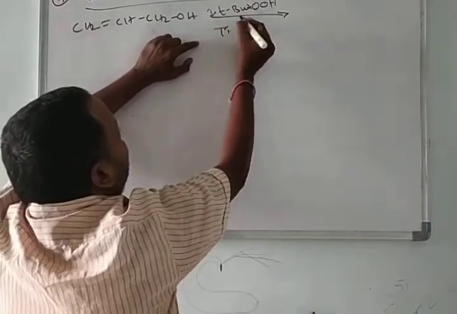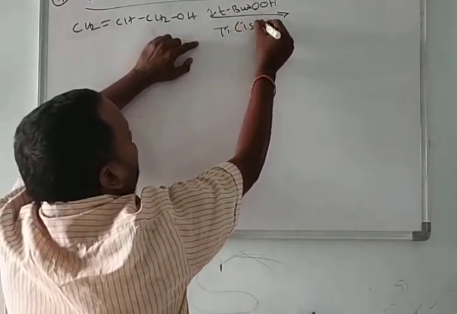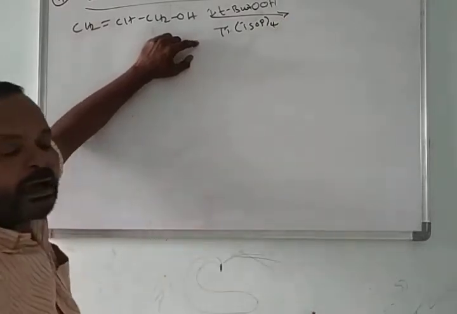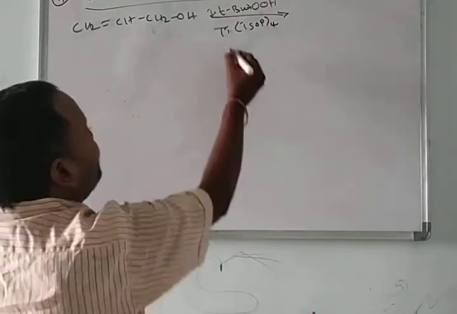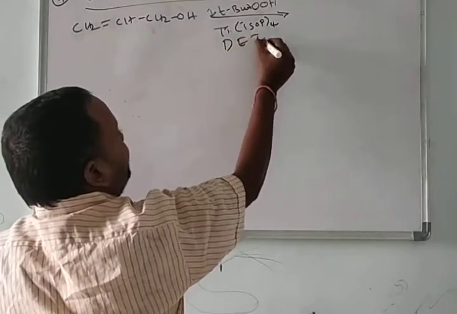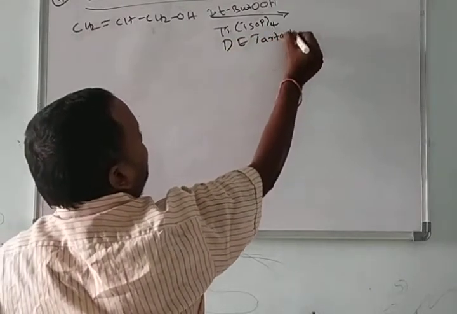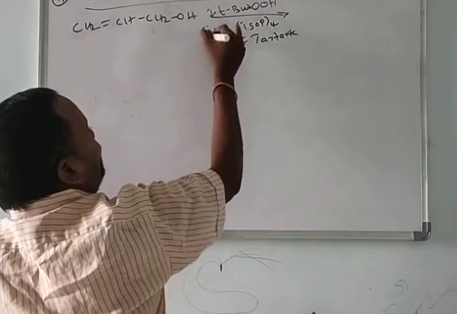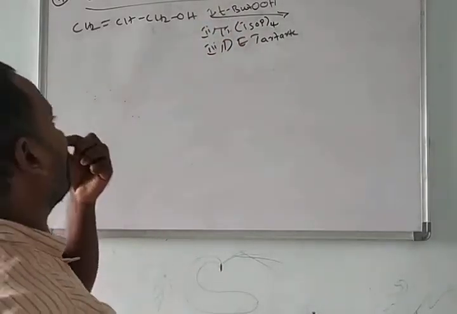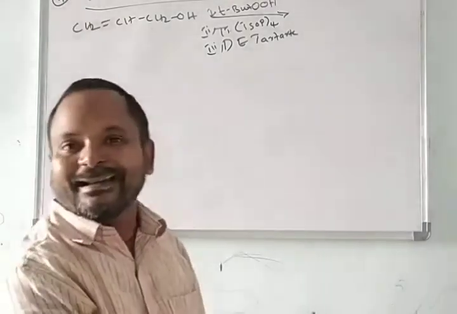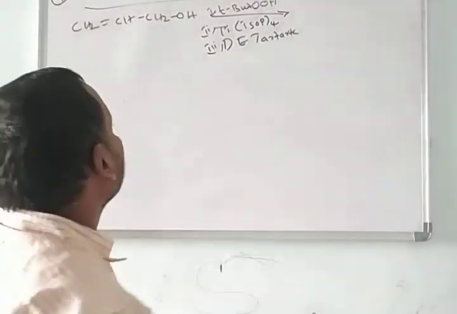And titanium isopropoxide, tetra isopropyl titanium, and here diethyl tartrate. This is the reagent for the Sharpless epoxidation. What happens? Epoxides are formed. What are epoxides? Cyclic ethers we simply called as epoxide.